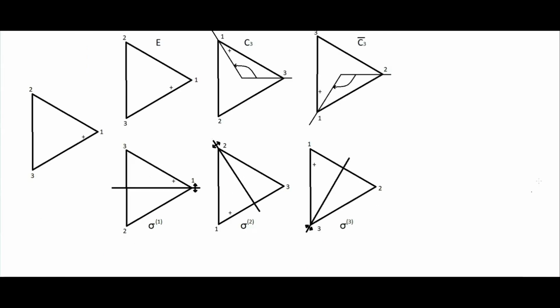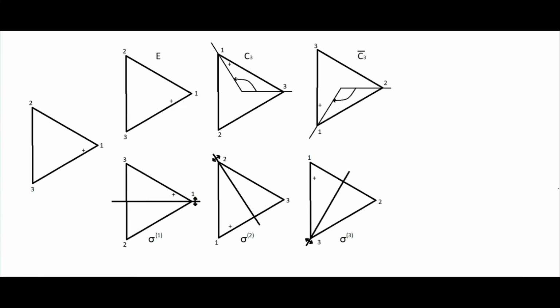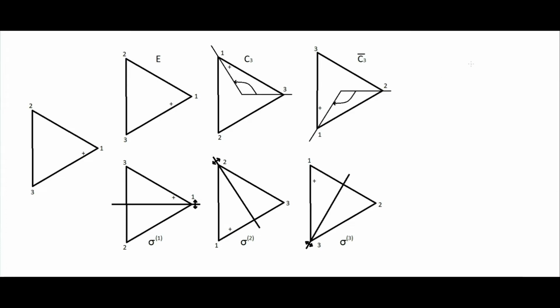This is actually a symmetry group that I'm going to be using as my example quite often in these videos. The symmetry group is called C3V. That is the name of this entire symmetry group. I'll get into naming of these in a later video, but for now we can just look at the symmetry operations.